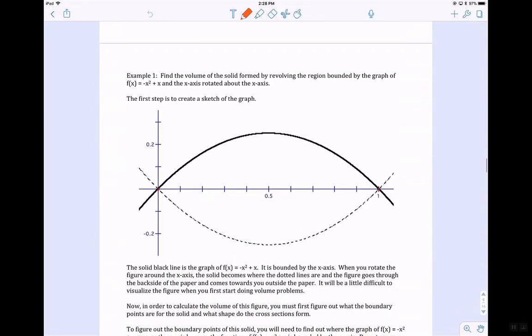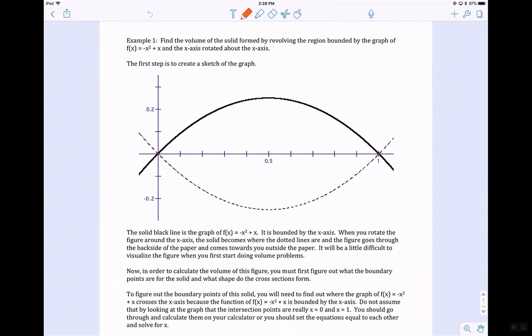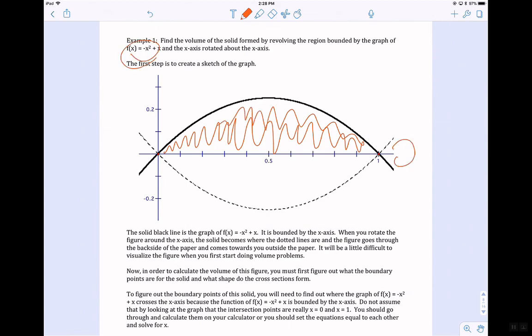We're going to take the equation here, negative x squared plus x, and rotate it about the x-axis. What's happening is that it is coming out of the screen and going back through the screen, and when it does that, it forms this shape down here also.